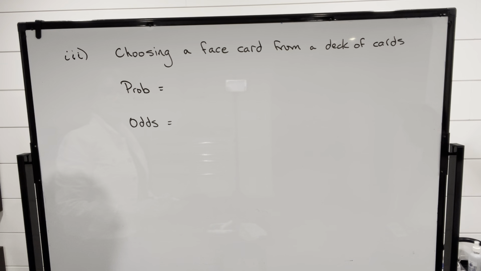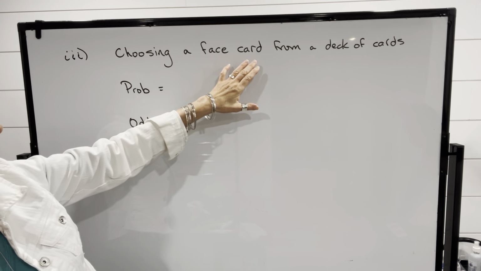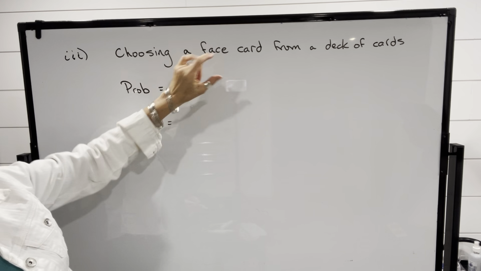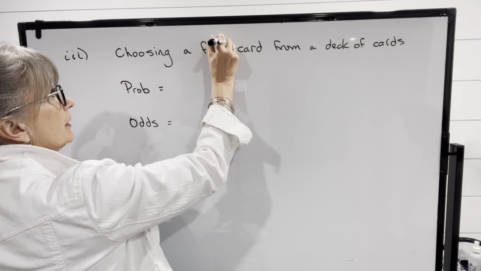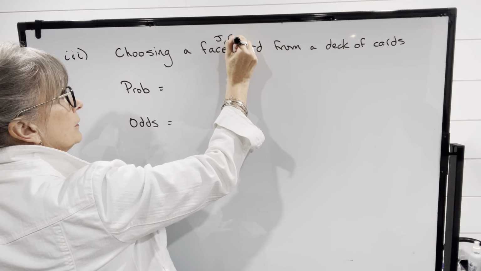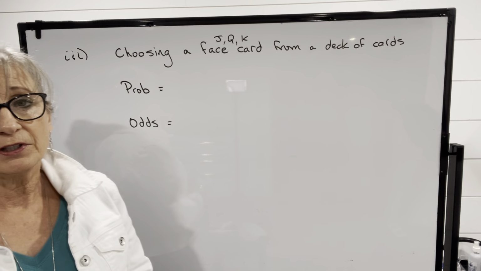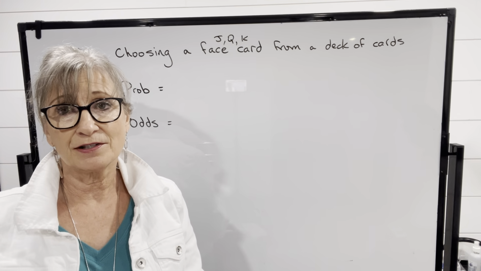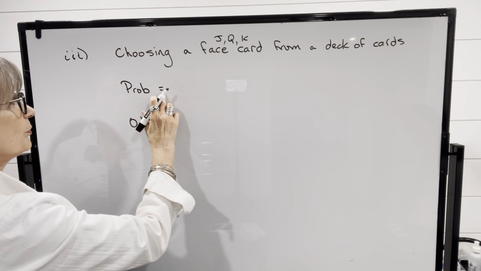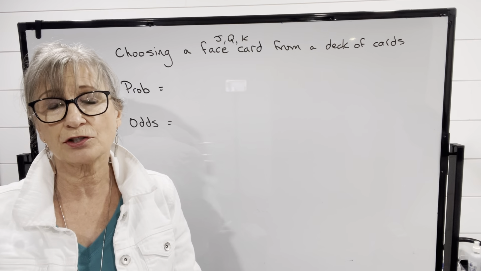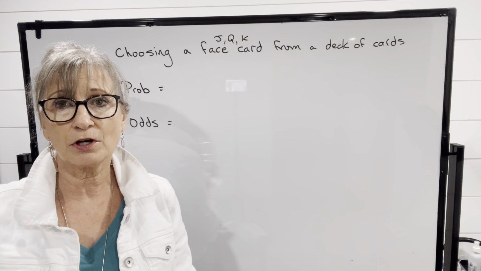Another example, if we were choosing a card from a deck of cards and we wanted to choose a face card, which is either the Jack, Queen, or King, the probability of doing that is different than the odds of doing that. So if we want to know the probability, we have to figure out how many different ways we can choose a Jack, Queen, or King from a deck of cards.